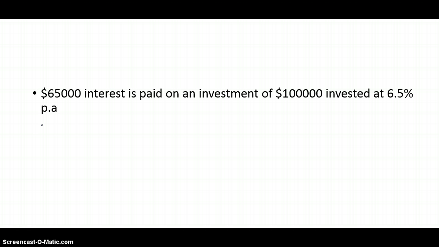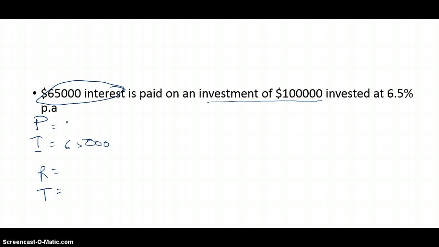Now, let's look at this final question. Again, P, I, R, T. $65,000 interest, so $65,000 should go in the interest column. Investment of $100,000, so investment is your principal value, and $100,000 goes here. Invested at 6.5% per annum. What we're trying to find is the amount of time that she needs to invest for.